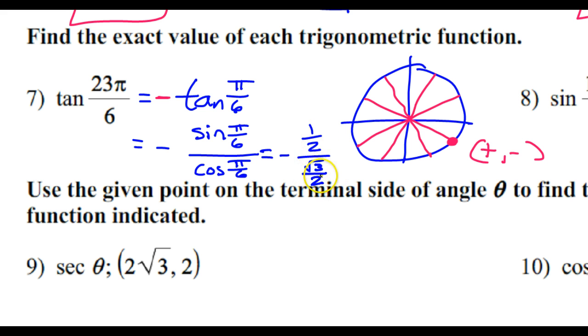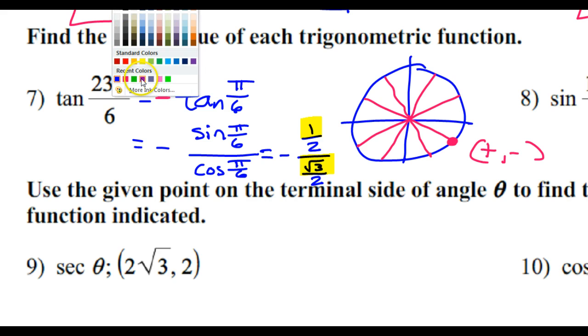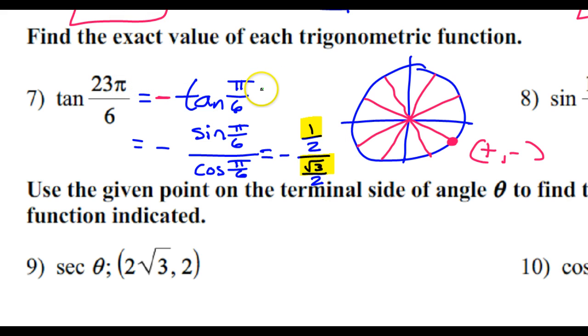The 2's in the denominator will cancel out, so I'm going to wind up with 1 over radical 3. So negative 1 over radical 3. Okay, so that is going to be the exact value.